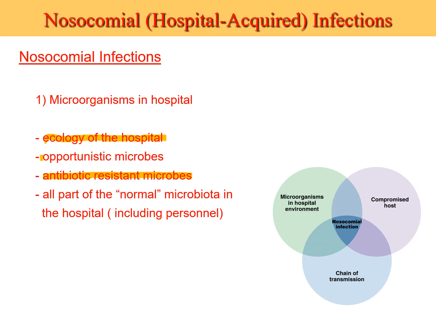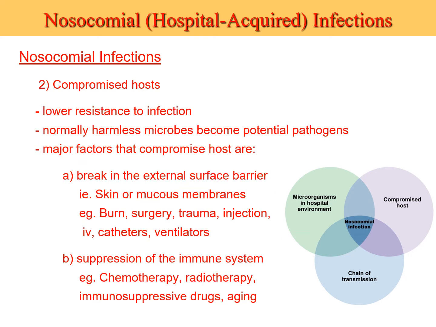These are opportunistic microbes that will cause disease in immunosuppressed individuals. But overall, these are all part of the normal microbiota in the hospital staff and personnel, and in many patients who don't get the infection, but again, they just carry it. They'll pick it up and carry it.